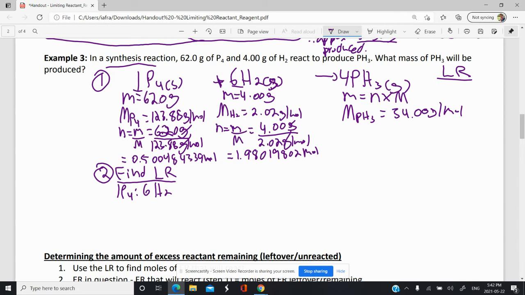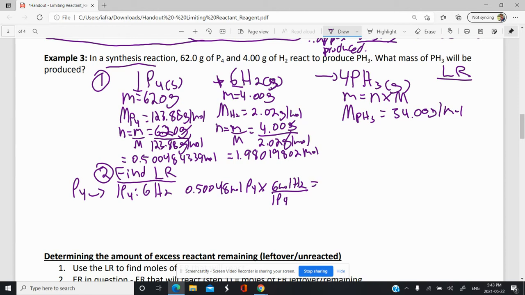Now for my P4, I have 0.50048 moles of it. How many moles of H2 should react with it? Well, I'll use my mole ratio to figure it out. So I have 0.500, so on and so forth, 48 moles of P4. Multiply by that ratio, so 6 moles of H2 for every 1 mole of P4.